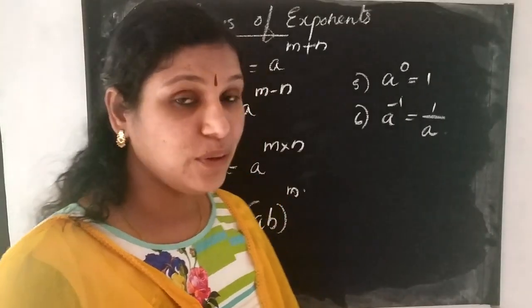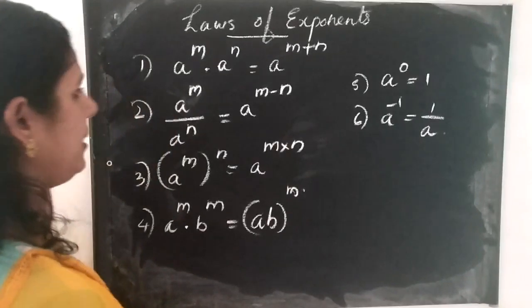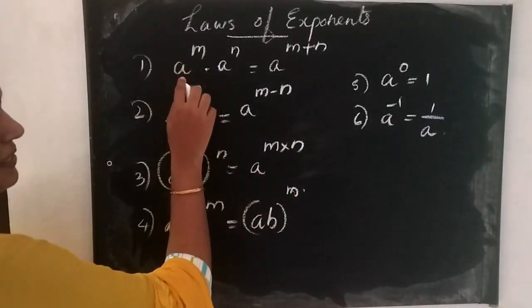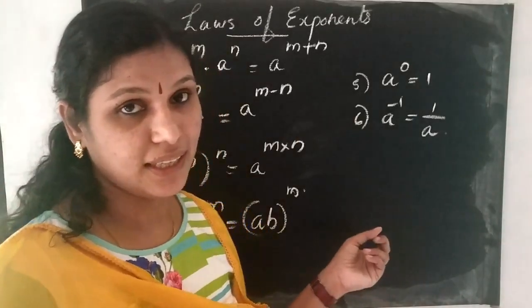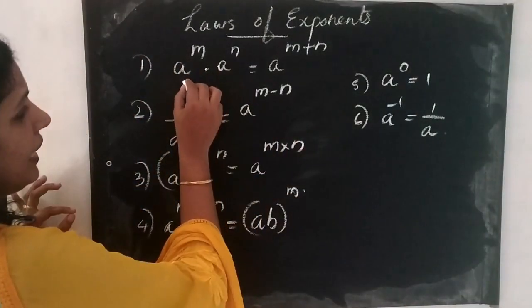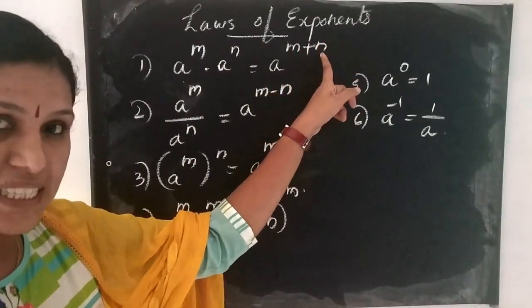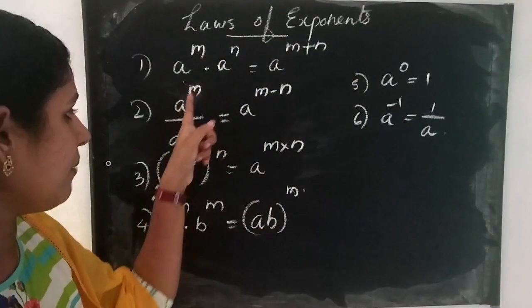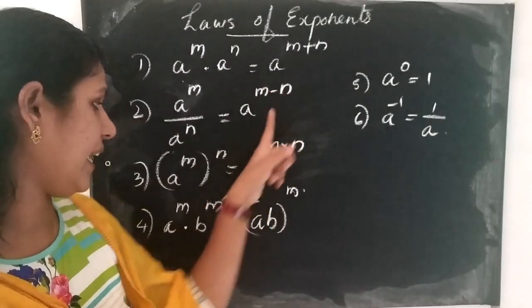Okay. Now we are going to study about laws of exponents. The laws of exponents we studied in the last year's class. In the 8th standard you studied this, isn't it? That is a raised to m into a raised to n is a raised to m plus n. A raised to m divided by a raised to n is a raised to m minus n.